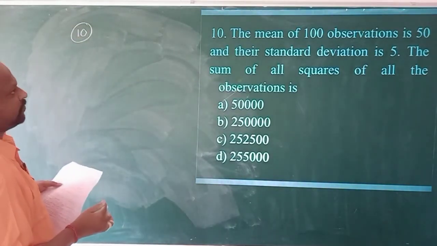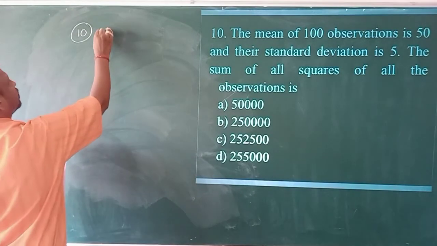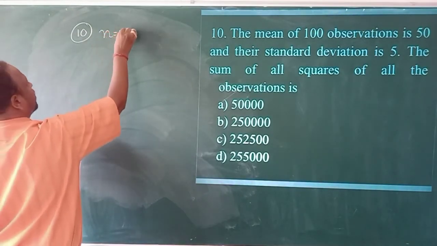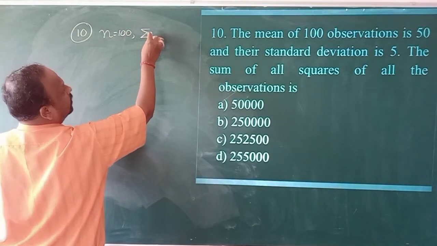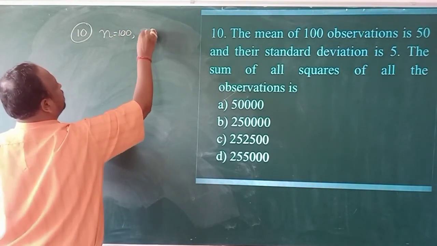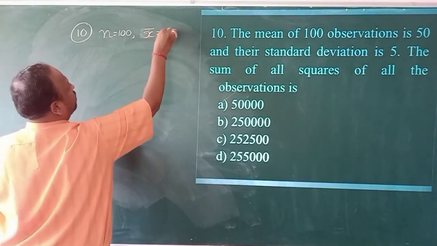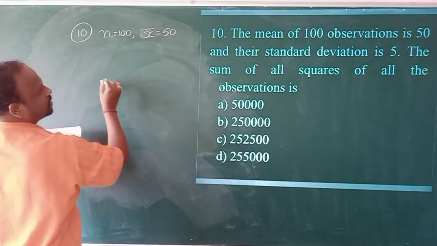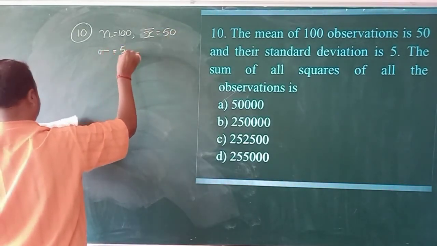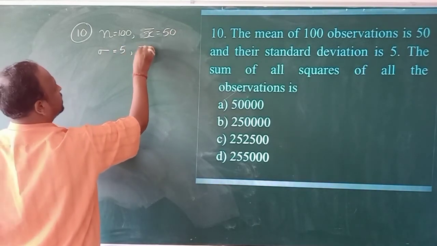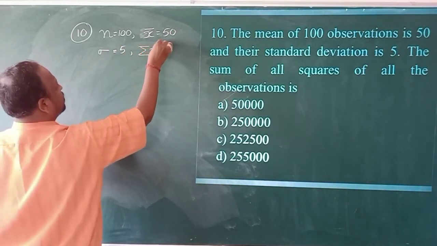the mean of 100 observations, n is equal to 100, and mean x bar is 50. Standard deviation is 5. They are asking the sum of the squares, sigma xi square.